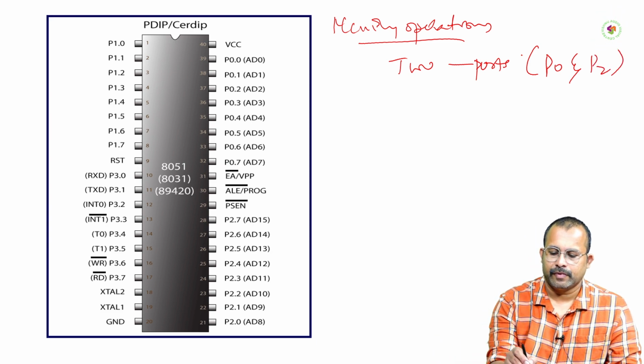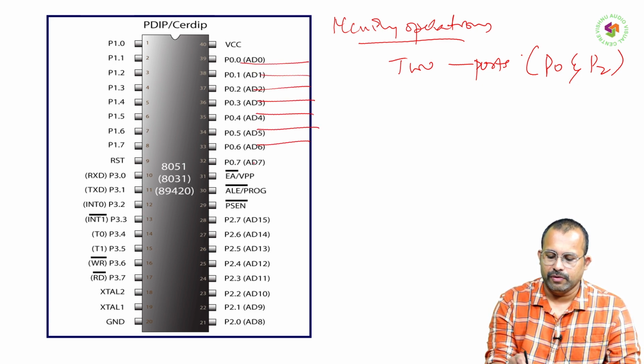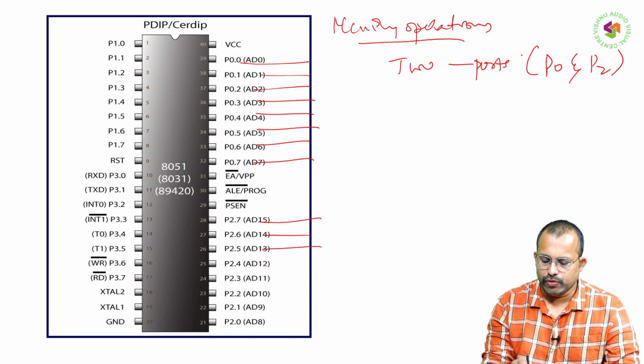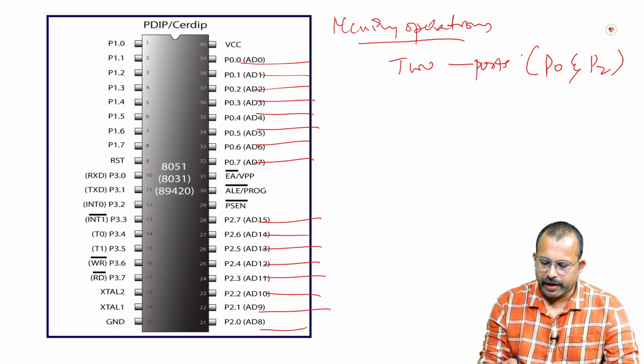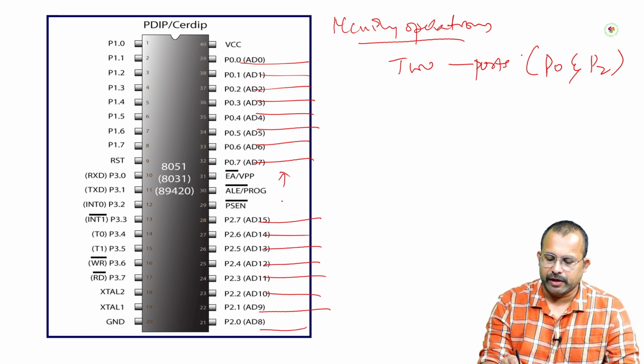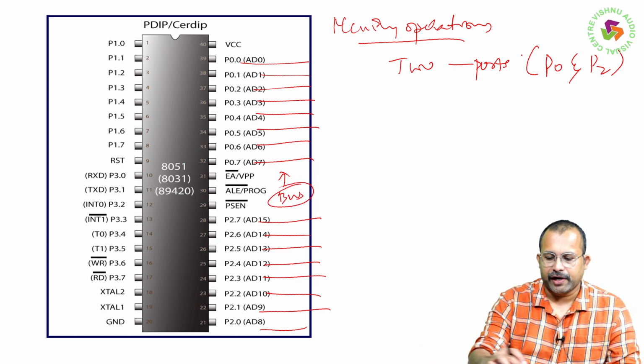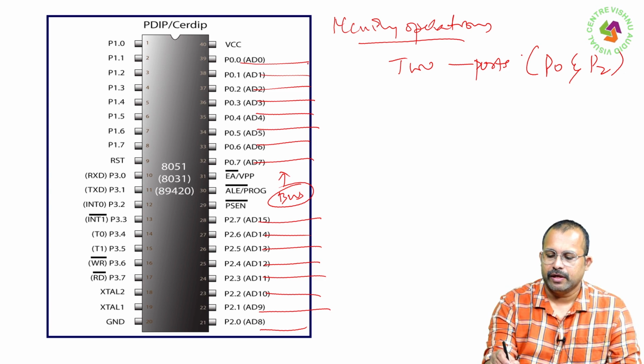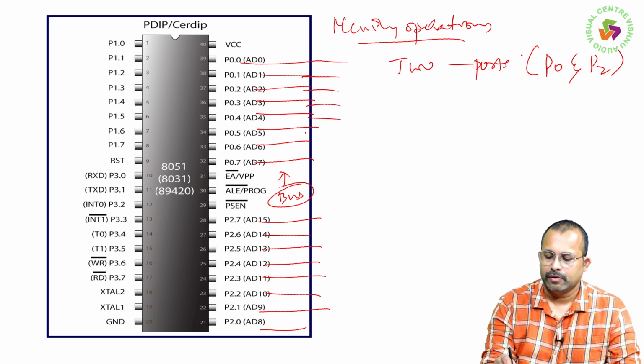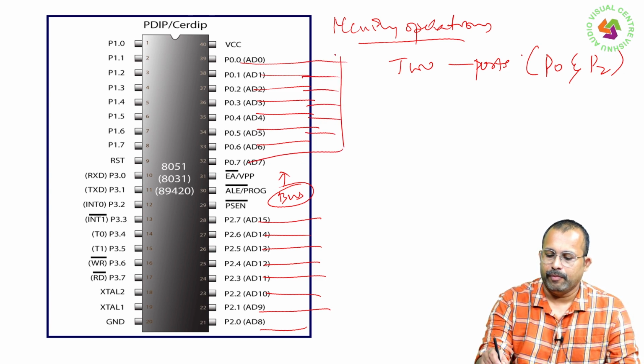That means for these two ports, the lines I am drawing now indicate a bus, like a flat ribbon cable in the form of a bus, connected to memory.